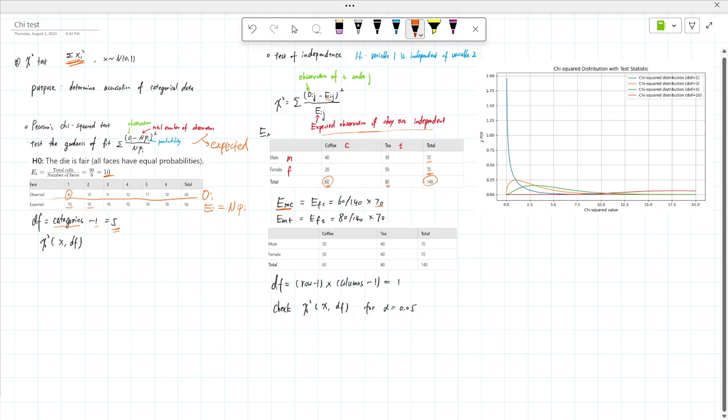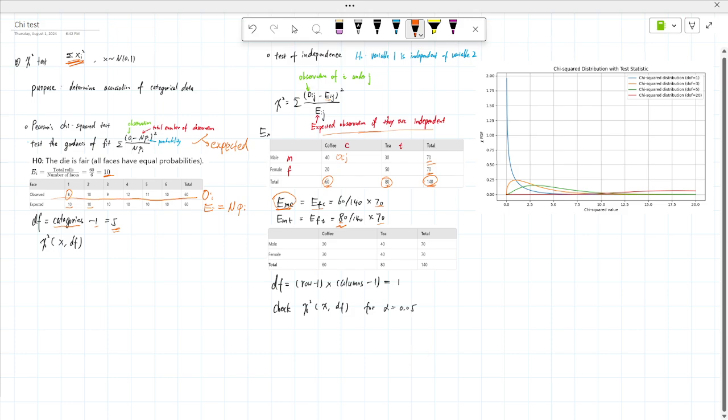So this is the expected of male liking coffee, female liking coffee. Similarly for tea, you get 80 divided by 140 multiplied by 70. And based on this is expected, and then the observations are those.